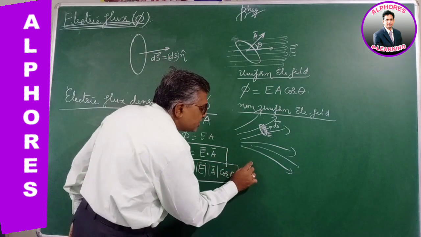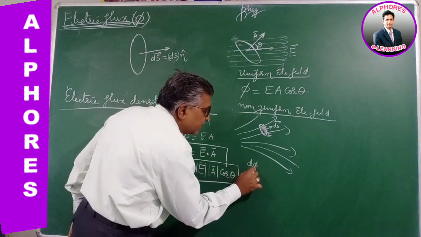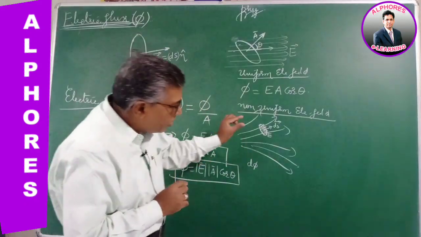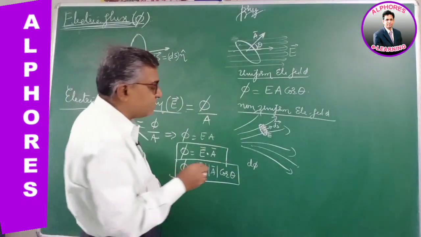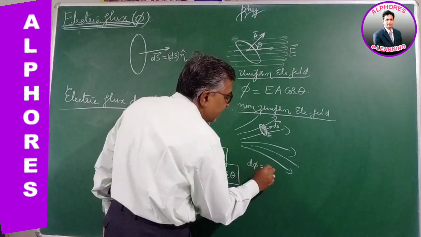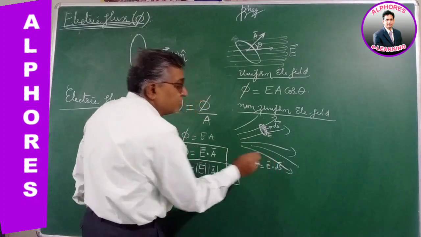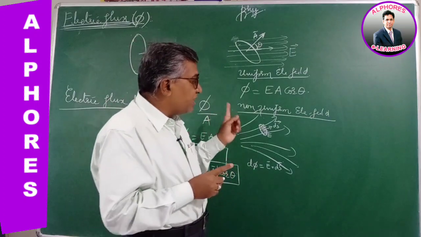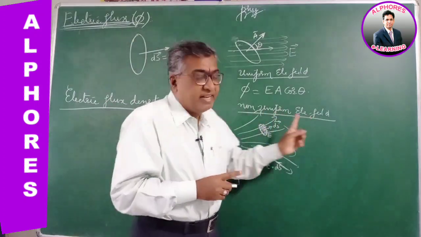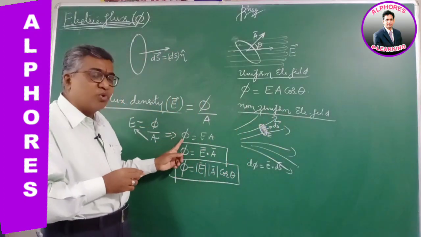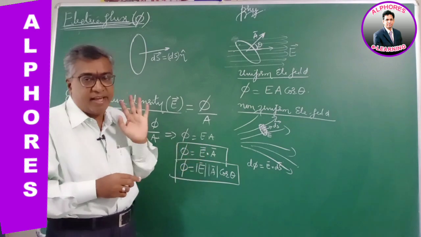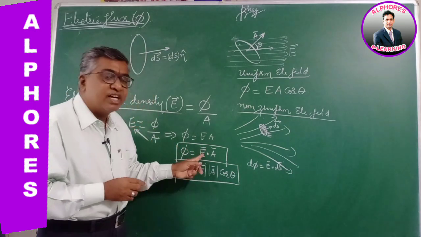So the small flux passing through it, d phi, the small flux over this small area element, is defined as E bar dot ds bar. Always remember, in a non-uniform electric field, we cannot write the total flux phi equal to E dot A, because E is not constant at all the points.